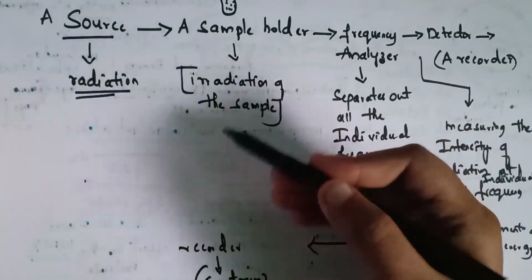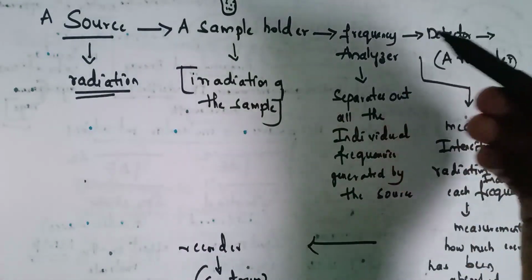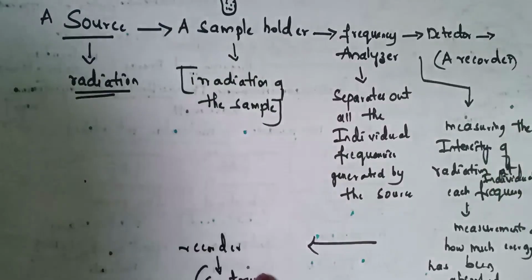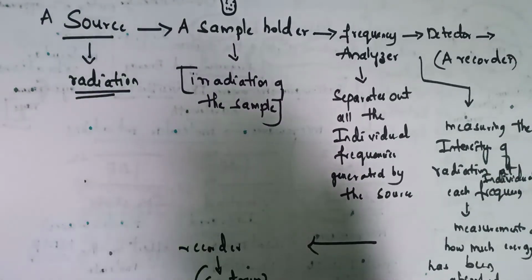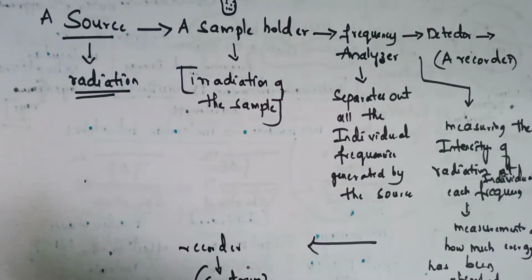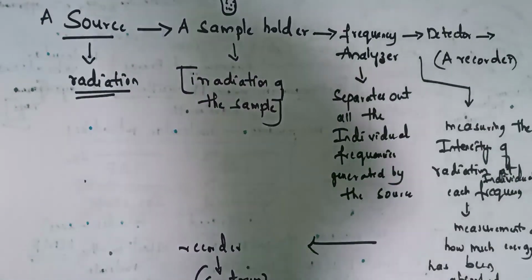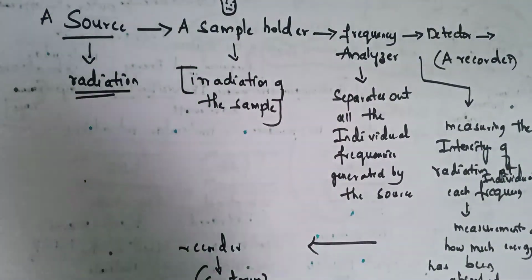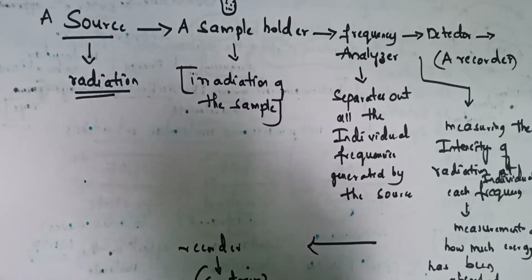Then comes a frequency analyzer. It will separate all the individual frequencies generated by the source. A source generates several frequencies. This frequency analyzer will separate out all the individual frequencies. Then comes the detector.